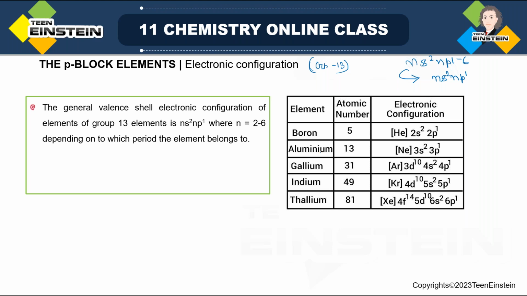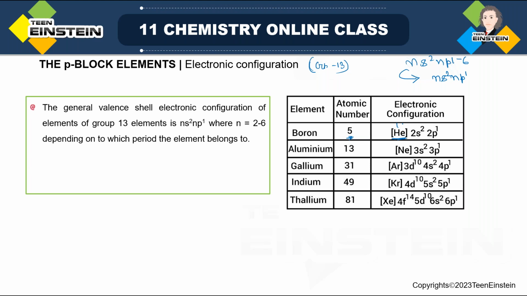So look at this table. Boron atomic number 5, and the last noble gas is helium. So instead of writing 1s2, 2s2, 2p1, you can write it in this way. That will be easier, not just to look at, but also for whoever is writing. So helium within third bracket, the last noble gas.